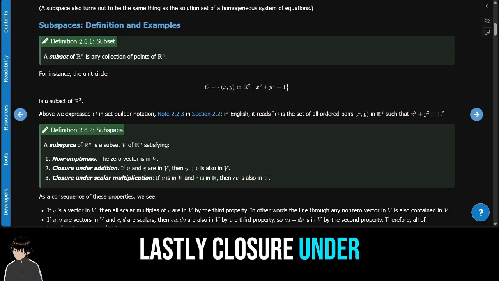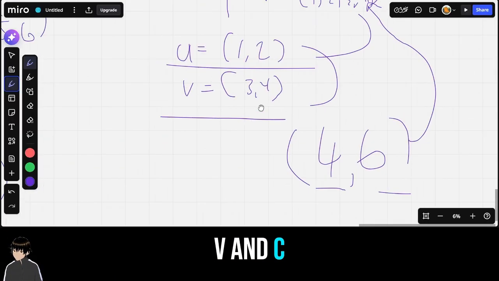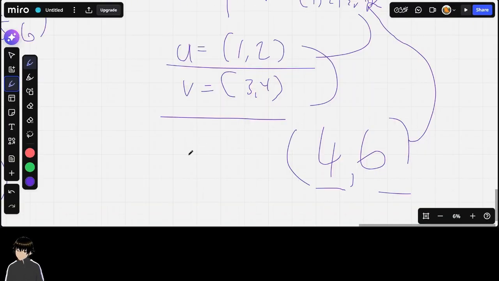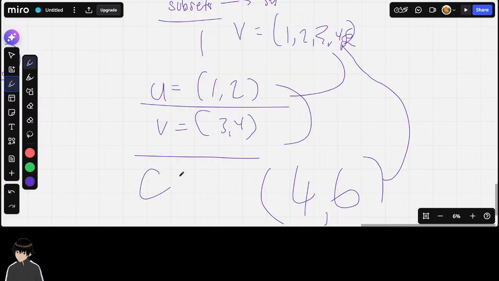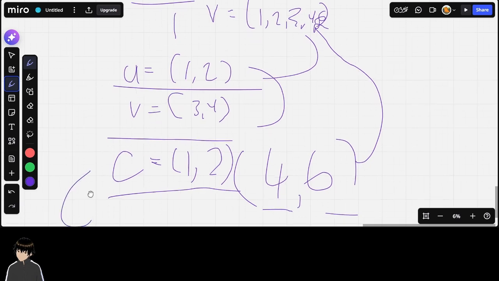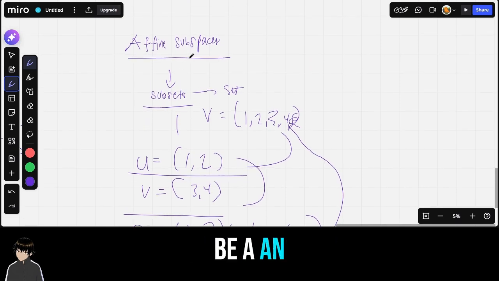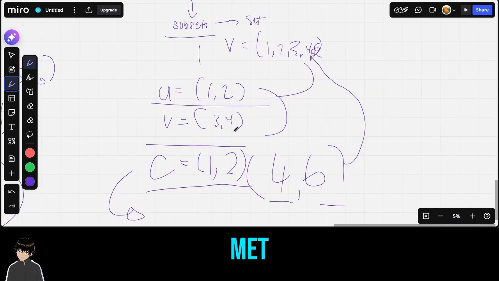Lastly, closure under scalar multiplication. If V is in V and C is in R, let's say we have a C. Say we have 1 times 2. So we have an external variable, a third variable here to consider for a subset to be a subspace, for something to be an affine subspace. These three rules should be met.